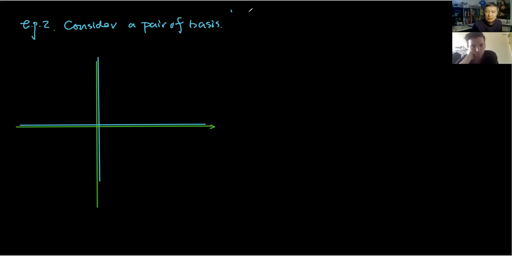One is in this two-dimensional space: U1 and U2. Another is V1 and V2. They are all unit vectors.